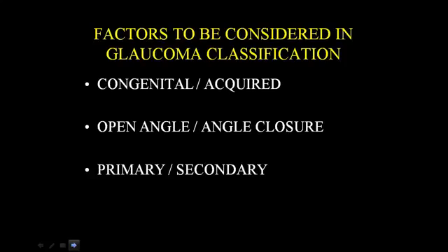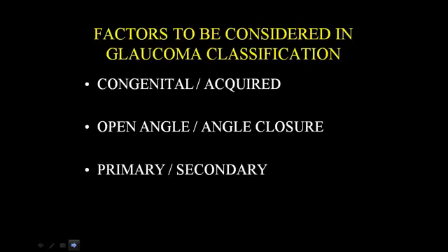And in spite of recent advances in static perimetry, in the methods of measuring intraocular pressure, and with the latest investigations like OCT, it is still not easy to detect glaucoma, especially at an early stage.